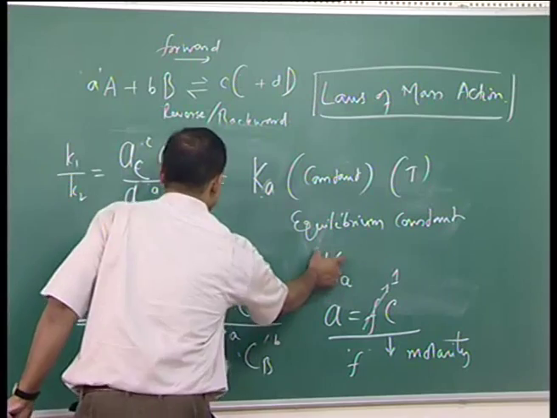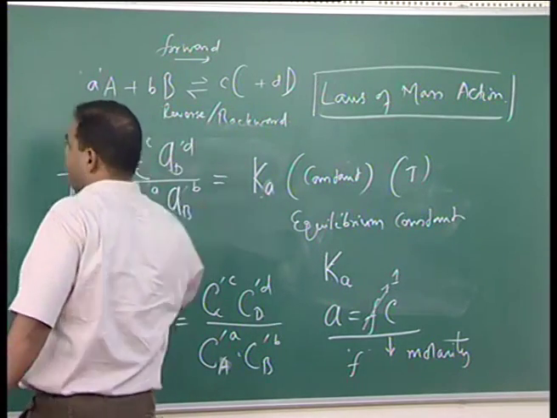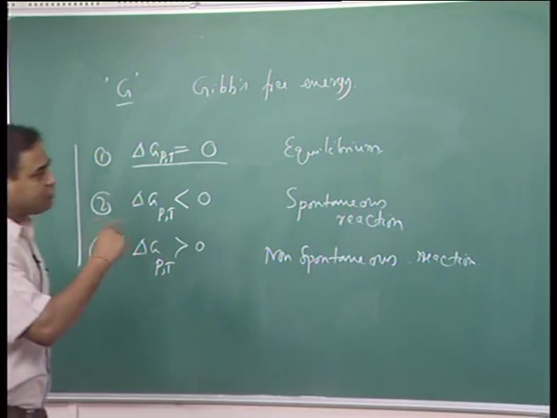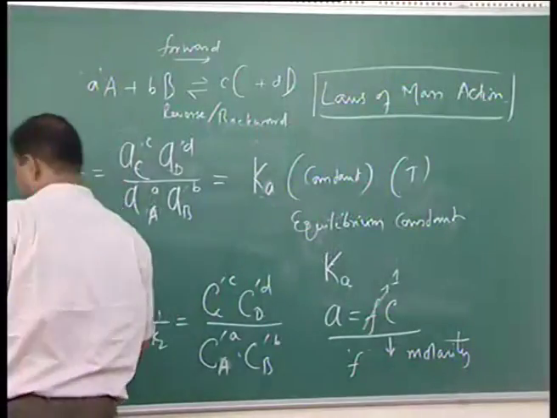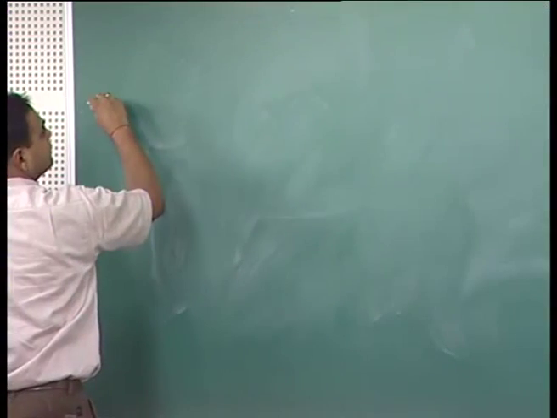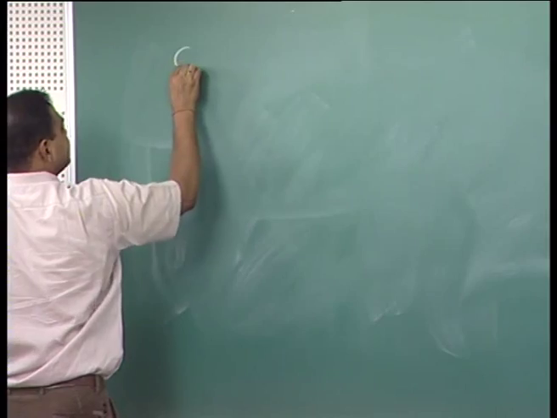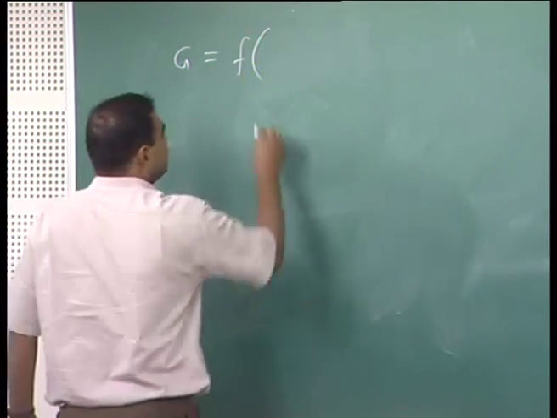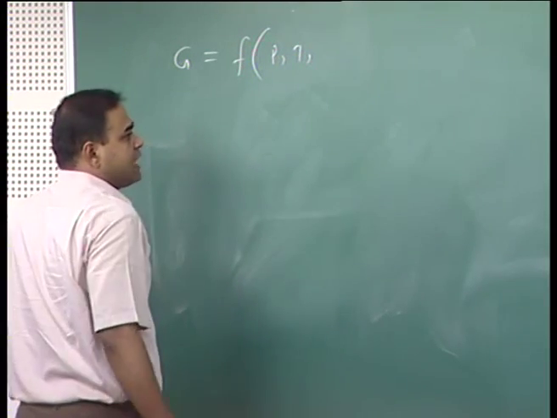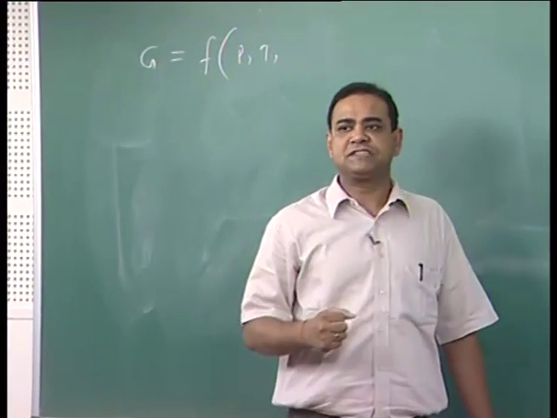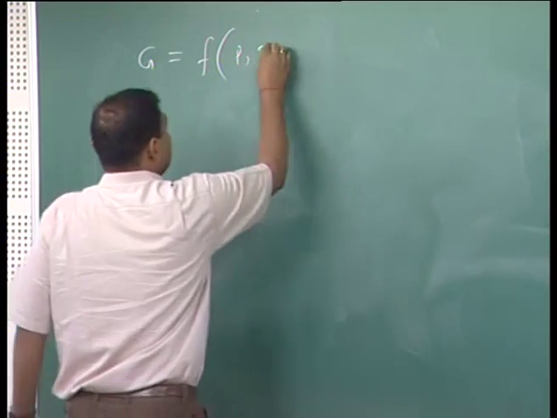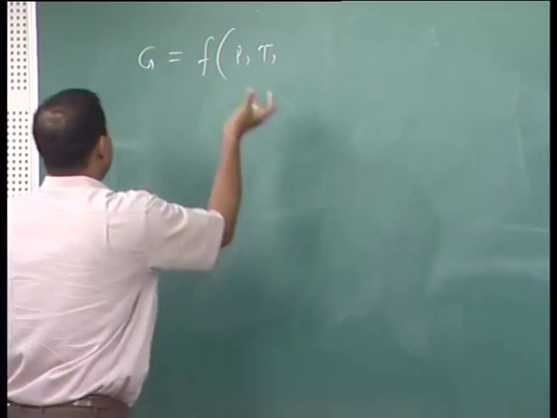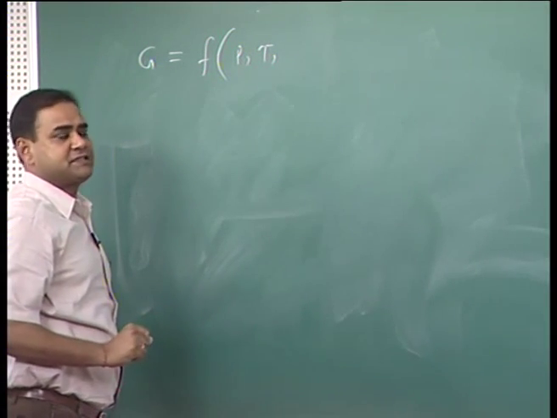Now how would we relate this equilibrium constant with del G? Let us see how the free energy is related to the equilibrium constant. When a system is an open system, the free energy of the system is a function of pressure and temperature, and if you have n number of components in the system, then each individual species will have some effect on the free energy of the system.